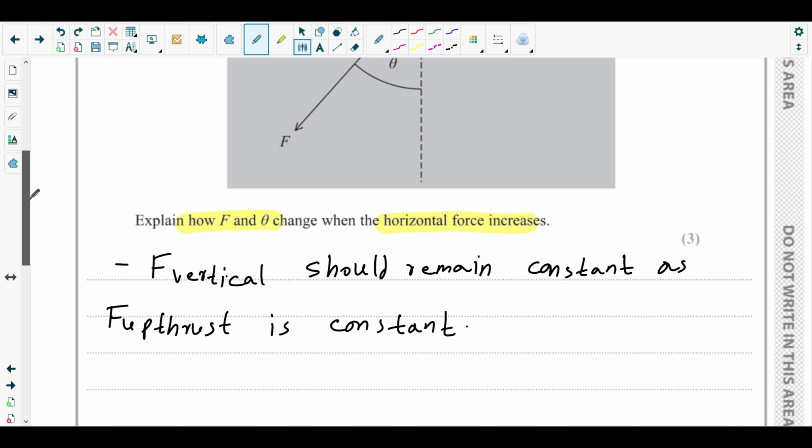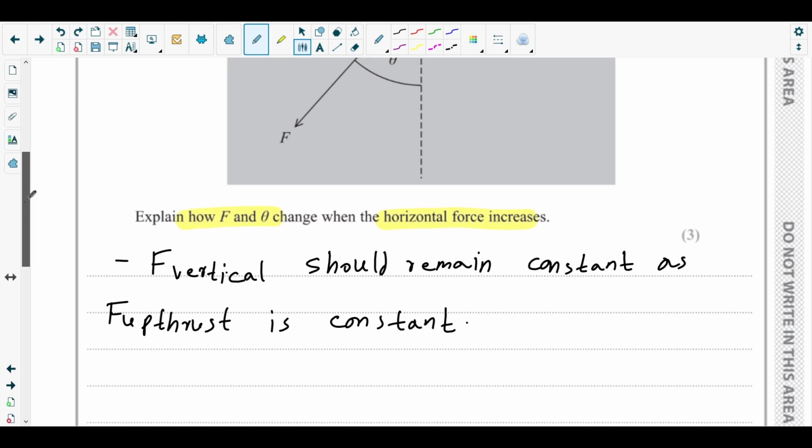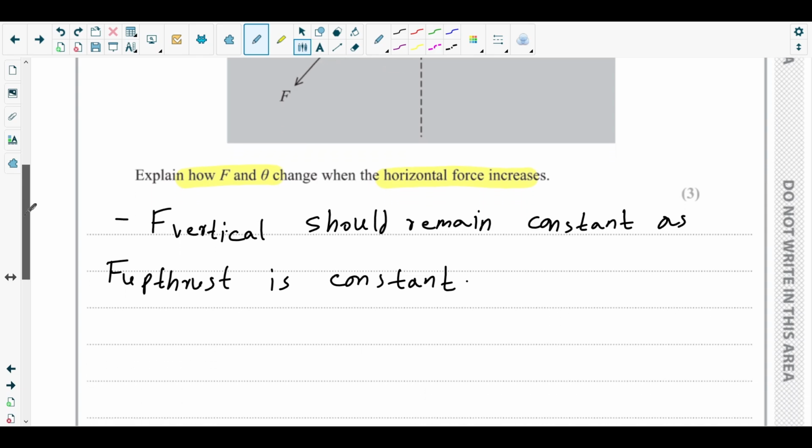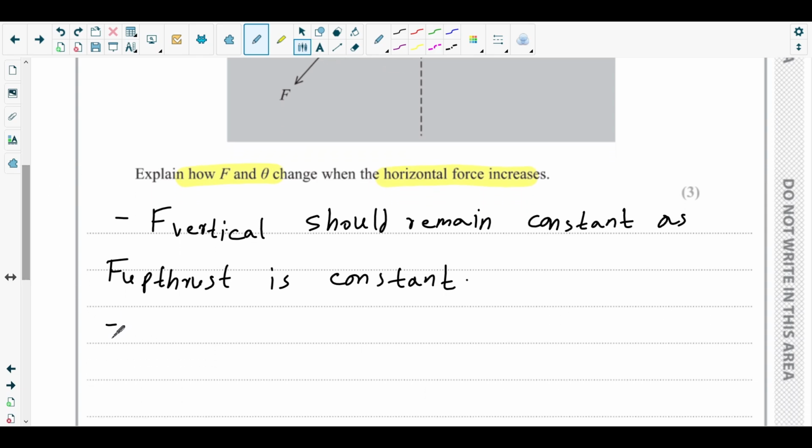Since vertically upthrust is not changing, the vertical component of force F should remain constant. Now consider the horizontal dimension.